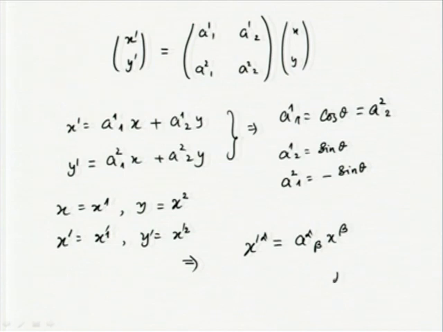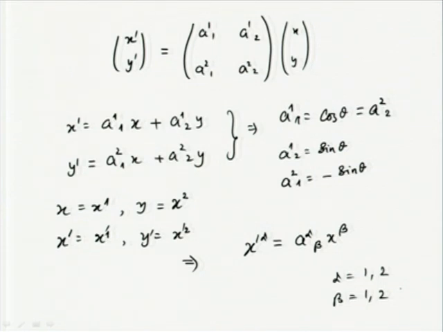where alpha can take values 1 and 2, and beta can also take values 1 and 2. So, if I take x alpha, beta is repeated and therefore, it is summed over.